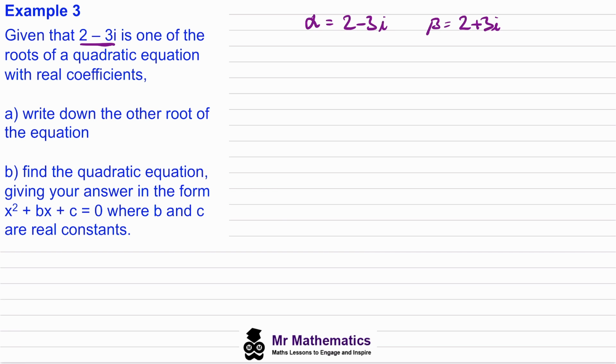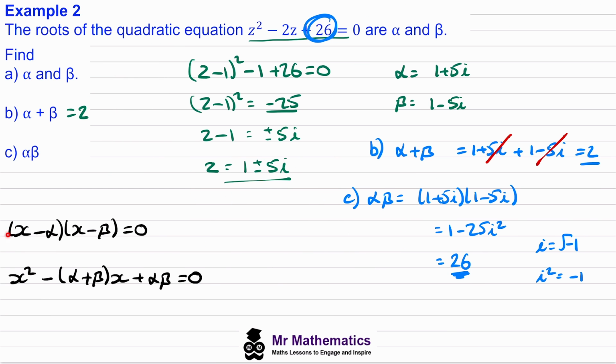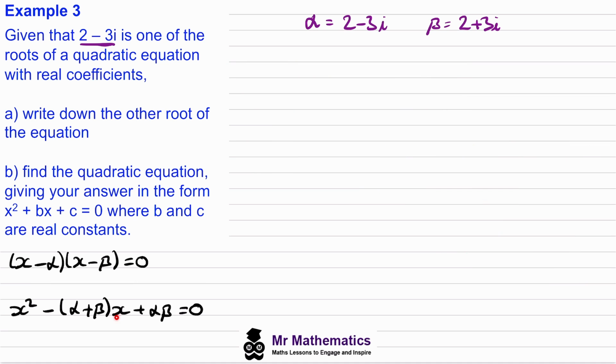And then for part B, we can go back to using this relationship, where the negative coefficient of x will be alpha plus beta. So alpha plus beta will be 2 plus 3i plus 2 minus 3i. These two will cancel, so alpha plus beta will be equal to 4.